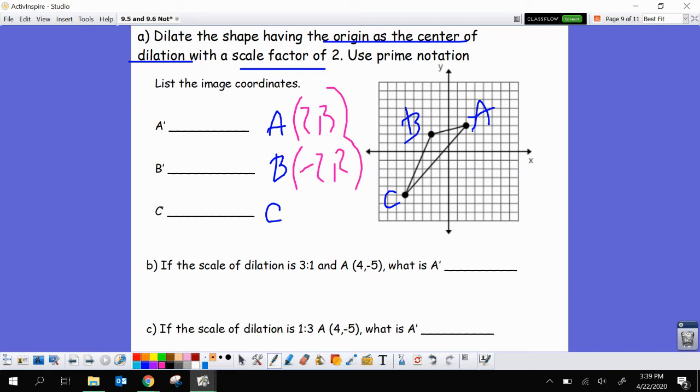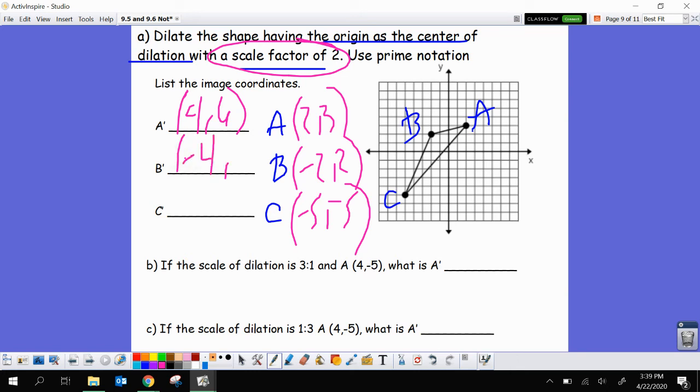And C is at (-5, -5). Because now, if this is a scale factor of 2, all I have to do is multiply all those points by 2. That's it. So A prime would be at (4, 6). B prime would be at (-4, 4). And C prime would be at (-10, -10). So again, all I did was multiply these points by 2.